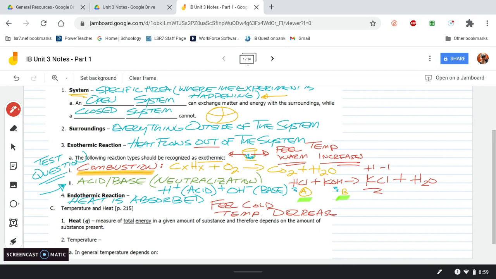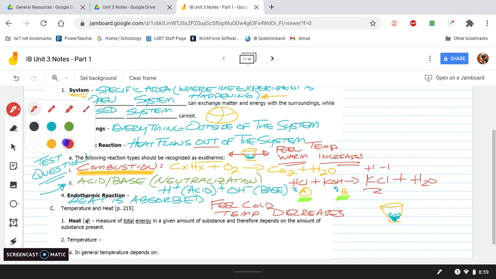These are not very common. We don't have as many reactions where the temperature actually goes down, because in terms of chemistry, it's more favorable for reactions to give off heat, because that means that they're more stable. So this is kind of a rare reaction type.